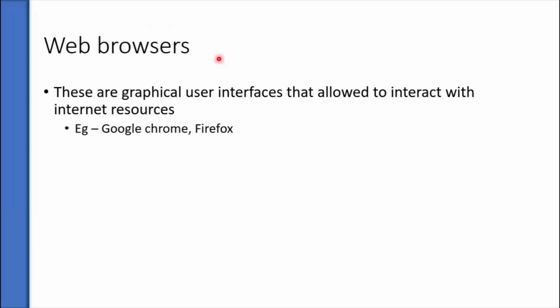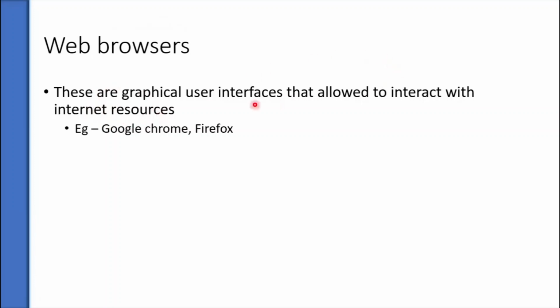Web browsers. These are graphical user interfaces that allow you to interact with internet resources. Some examples are Google Chrome, Firefox, and there are a lot of web browsers. What we need from a web browser is to connect, to browse, or to find some internet resources.